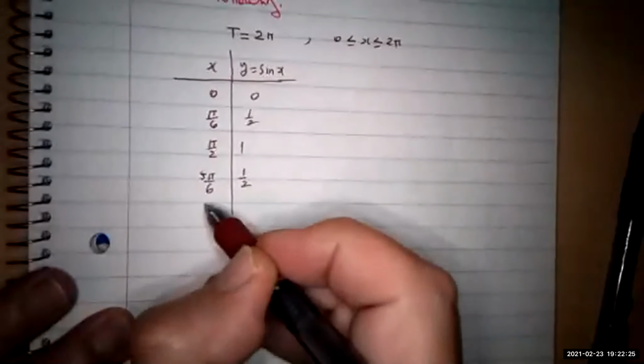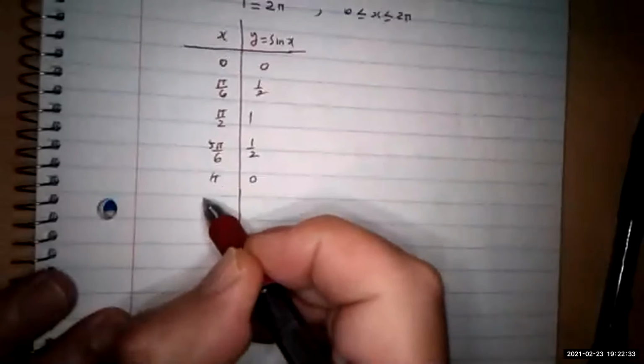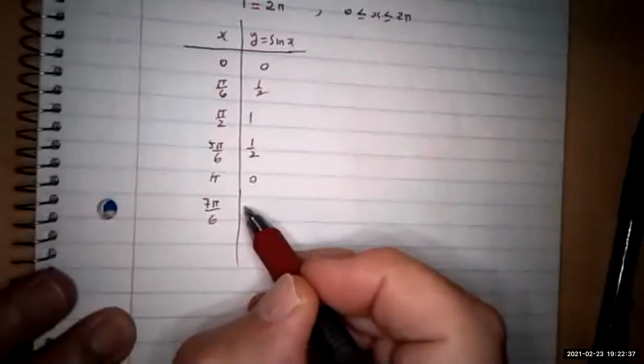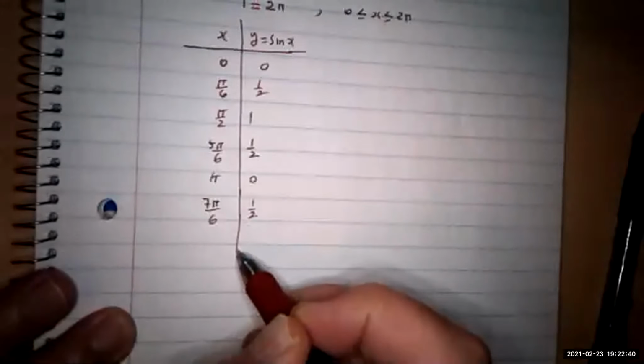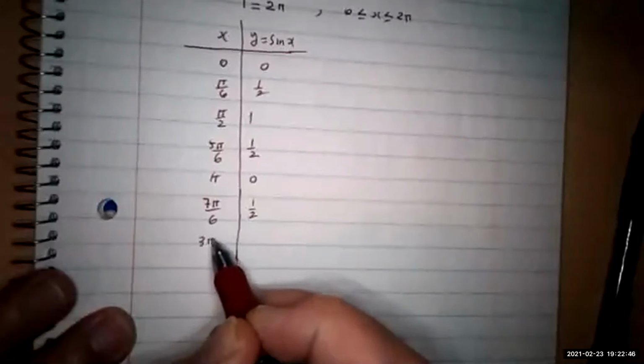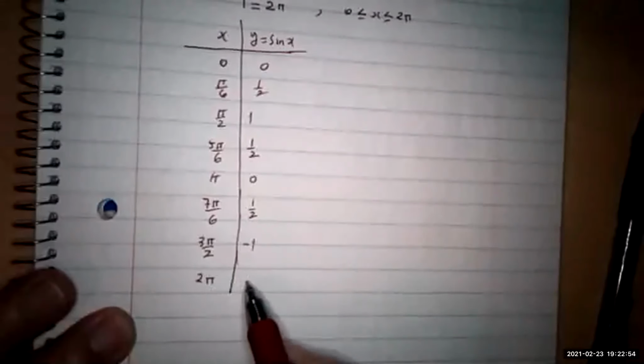Then I pick pi, that gives me 0 again. You see, these numbers repeat. Then I keep going. I pick 7 pi over 6, again that gives me -1/2. Then I pick 3 pi over 2, that gives me -1. And I just keep going. Lastly, I get 2 pi, which is going to be 0.